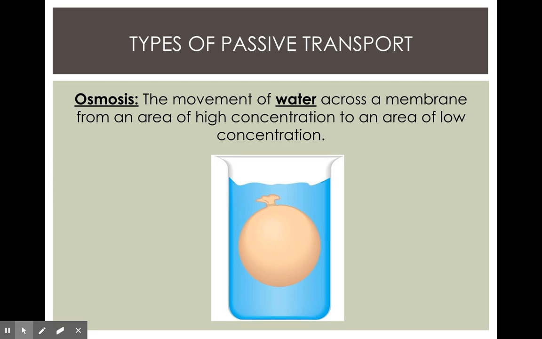Here we have another example with my bag in the water. And again, I have my 20% salt solution and my 5% salt solution, which is what we saw from the first example. The only difference here is that I know my salt concentrations in this specific example.